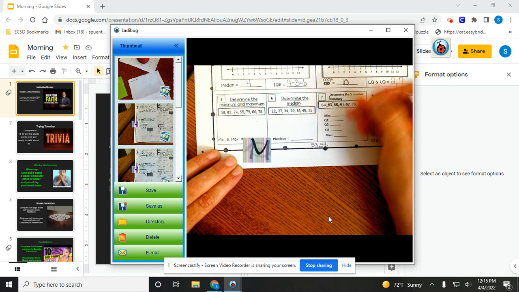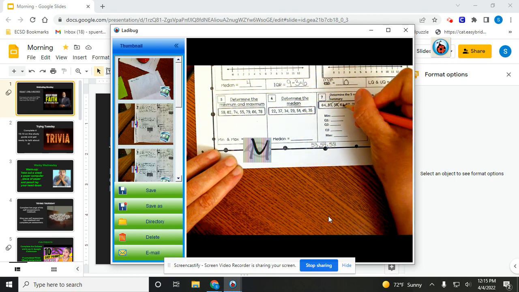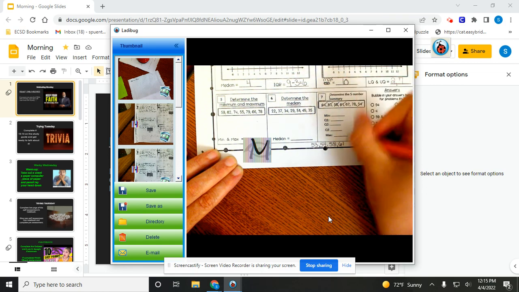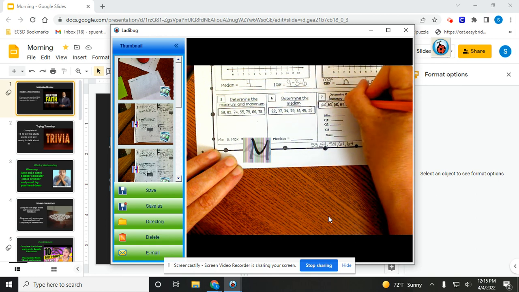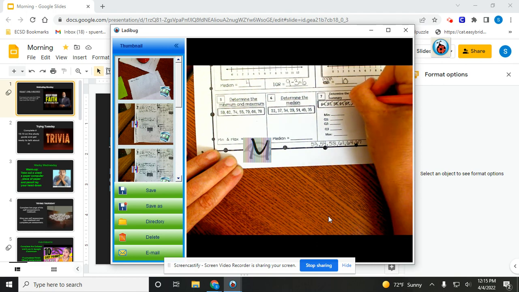And 58 looks to be next. We've got 61. 64. 67. And then 78.